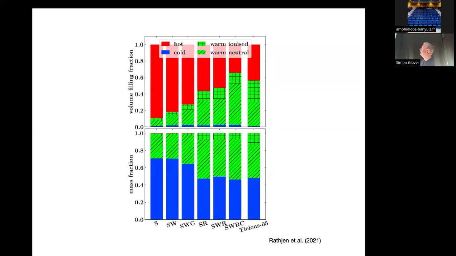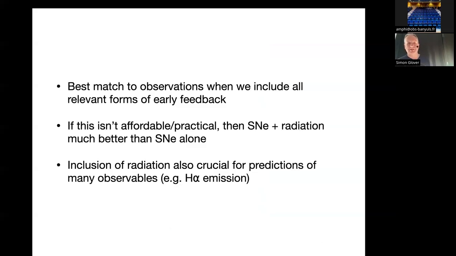And also, if we're looking at the phase balance, so the amount of hot gas or the mass fraction of cold gas, this right-hand column here is what we observe in the Milky Way. And you see with just supernovae, you get too much cold gas, too much volume filled by hot gas, whereas with proper treatments of early feedback, you get something that much better represents what the galaxy is actually doing.